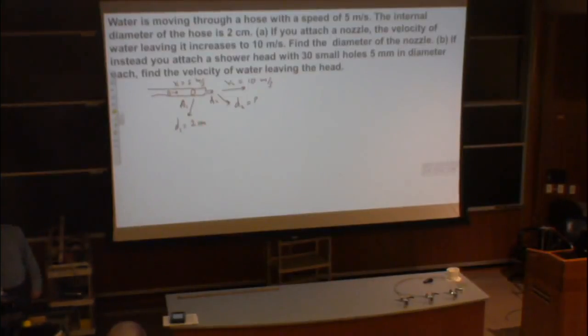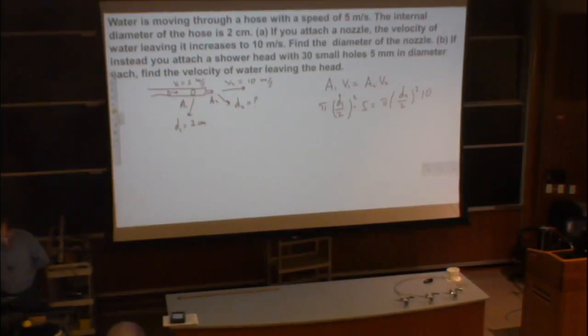Since it's related to speed, the equation is a continuity equation. Pi times (d1 over 2) squared times 5 is equal to pi times (d2 over 2) squared times 10.